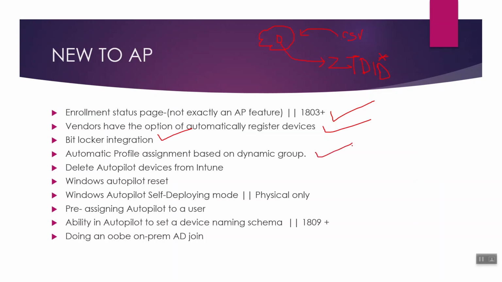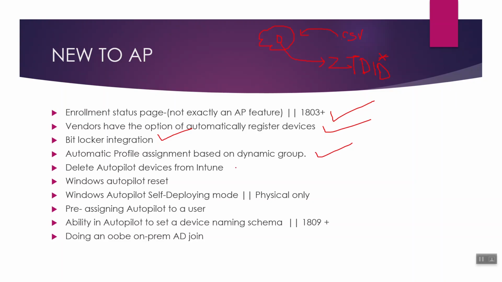This is something which we just now discussed, that the profile is automatically assigned to a device if that device is part of a dynamic group. All that needs to be done is that the CSV needs to be uploaded onto the portal. The device is going to get tagged with the ZTD ID, and if that dynamic group is assigned to a profile, then the device is going to get that deployment profile.